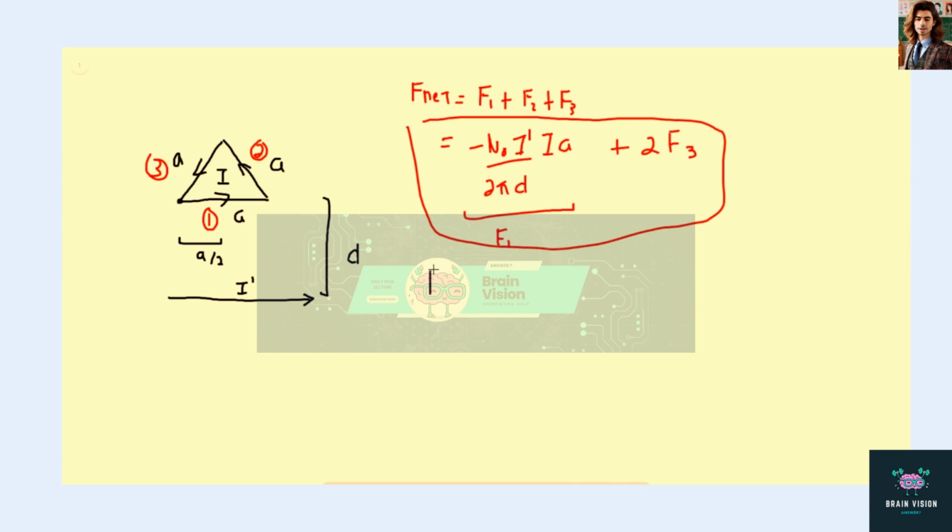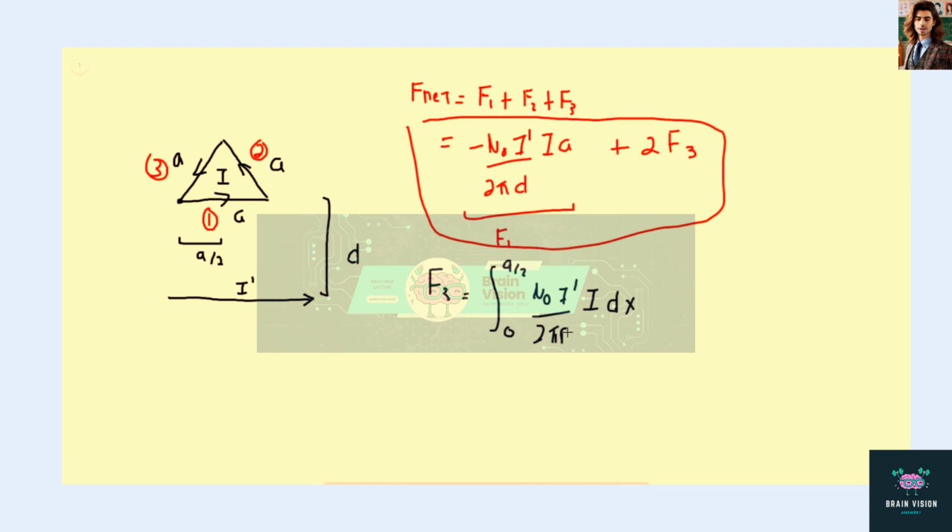So we'll just look at F3 then, and that's going to be an integral. We're going from 0 to A over 2, so across the full horizontal length of the wire, but not necessarily the whole length of the wire itself. We have the magnetic field, which is mu naught I prime over 2 pi r in general. We'll have to deal with that. Then times the current in portion 3, and we'll integrate this with respect to x, so we're integrating along this direction.